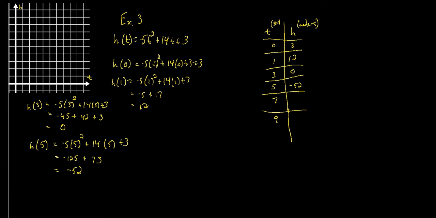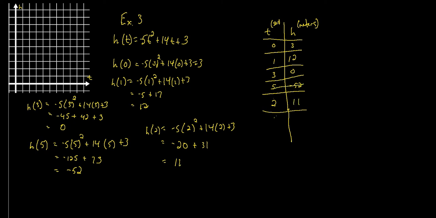So we'll go ahead and add in one other point here, and we will make that 2. So at t equals 2, h of 2 equals negative 5 times 2 squared plus 14 times 2 plus 3, which equals negative 5 times 4 is negative 20 plus 28 plus 3, which is 31, which equals 11.